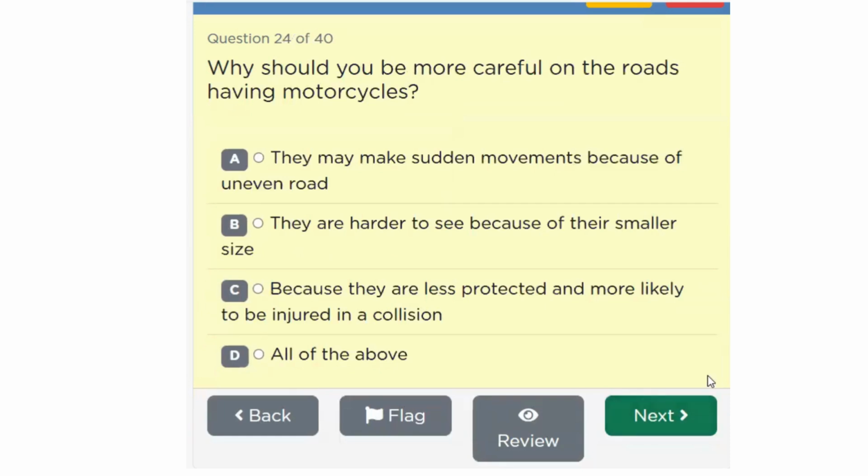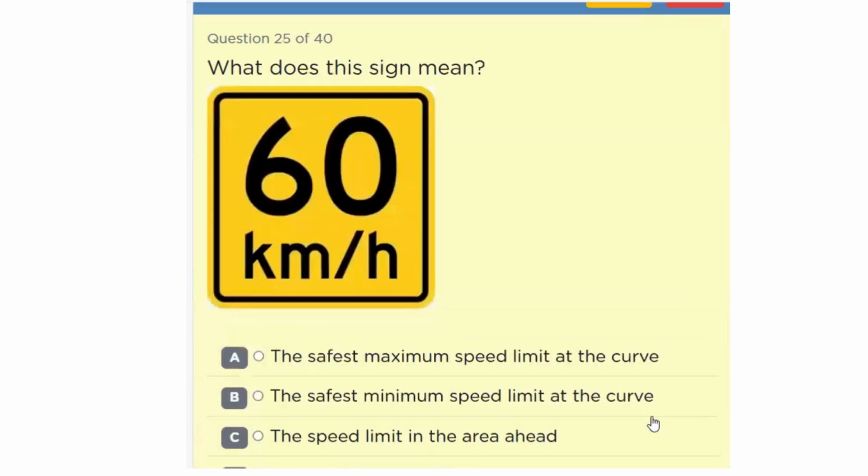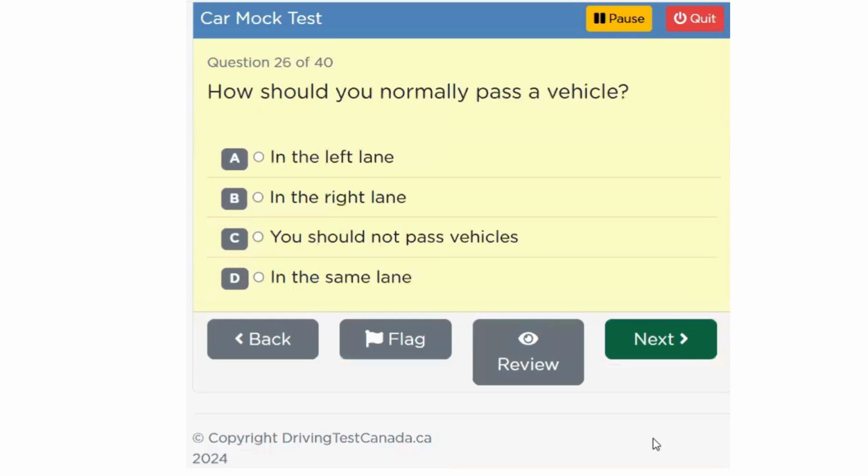Why should you be more careful on the roads having motorcycles? It's the speed limit. It has nothing to do with safest or not safest. How should you normally pass a vehicle?